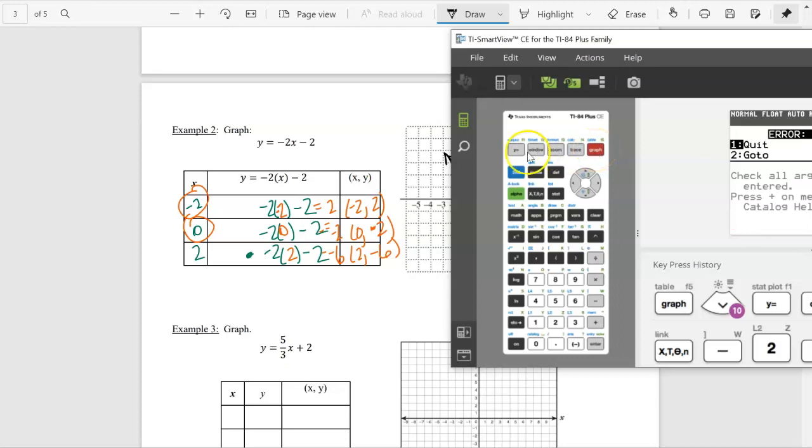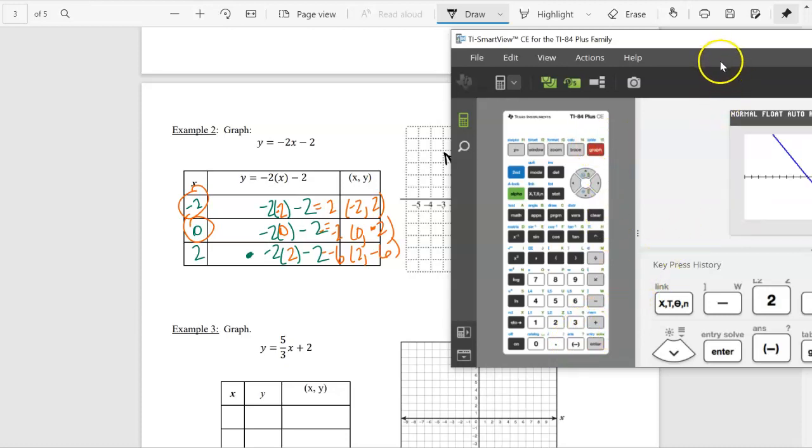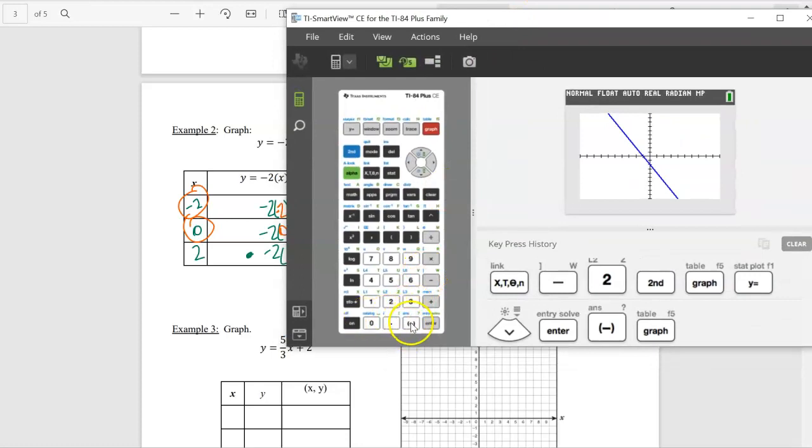I typed something in wrong, so hold on a minute. I think I accidentally hit the minus instead of the negative. So -2x minus 2, hit graph. That's a mistake a lot of people make. If you want negative, you want to put the negative sign that's down here by the 0 instead of the minus sign. So there's what our graph looks like.